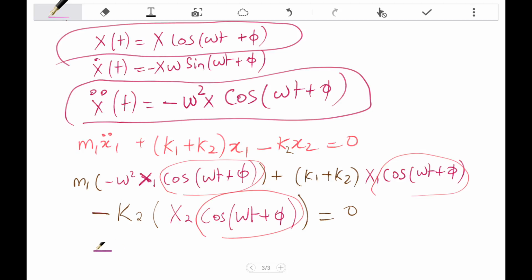We'll end up with negative omega squared m1 plus k1 plus k2, times x1, negative k2 x2, equal to 0.